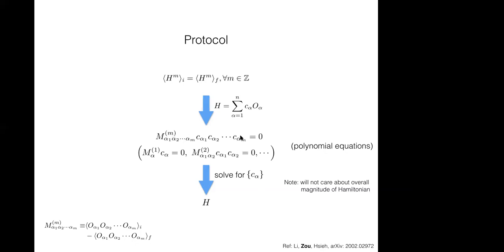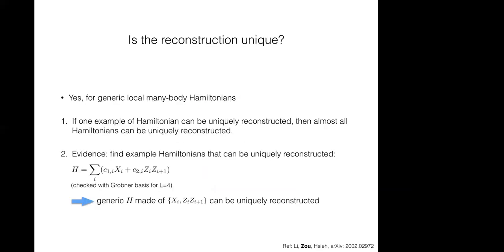Yes, thank you. Okay. So then let's talk about the uniqueness of the solutions. And I will argue that for generic local many-body Hamiltonians, our method will give a unique reconstruction. And the argument goes with 2 steps. The first step is a mathematical result. You can find the detailed proofs in our paper.